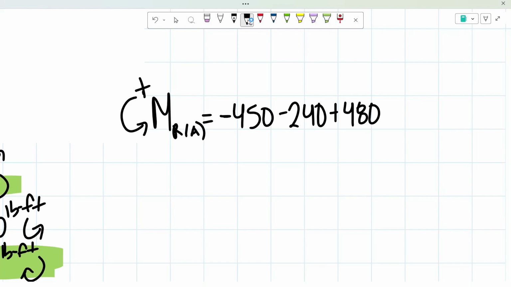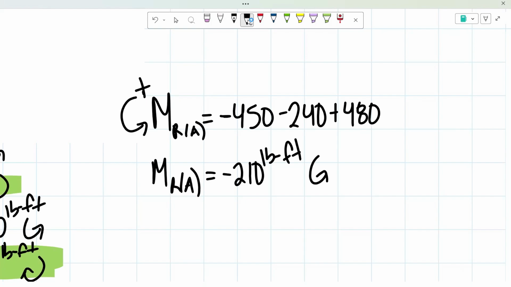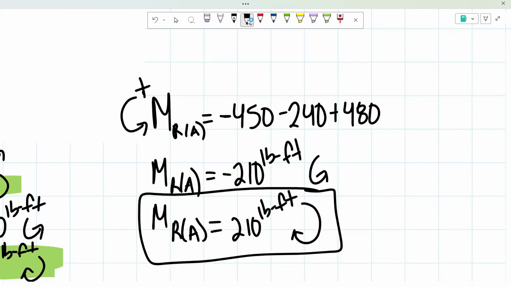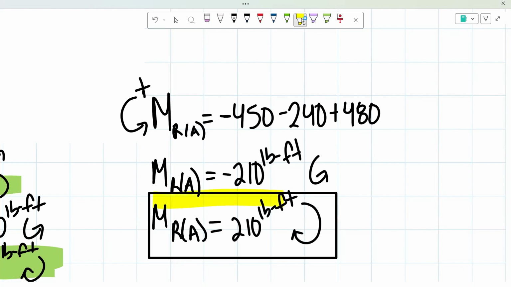And if we add that up, we'd get that the resultant moment about point A is equal to negative 210 pound-feet going counterclockwise, but we want to deal with positive numbers, so the resultant moment about point A is equal to 210 pound-feet going clockwise. And like that, we were able to determine the equivalent moment acting on point A.